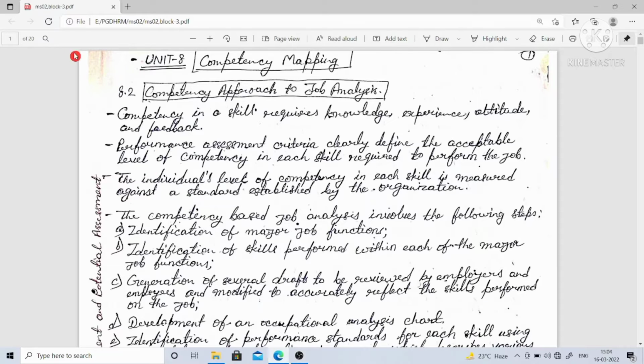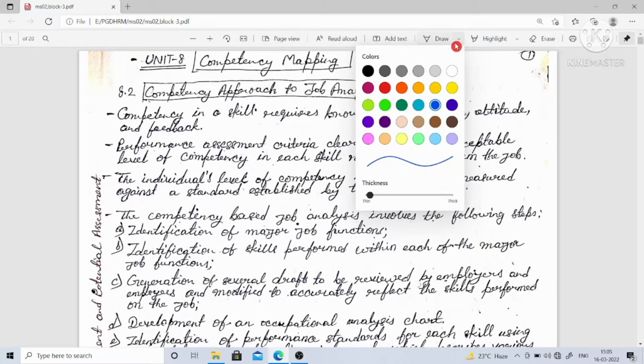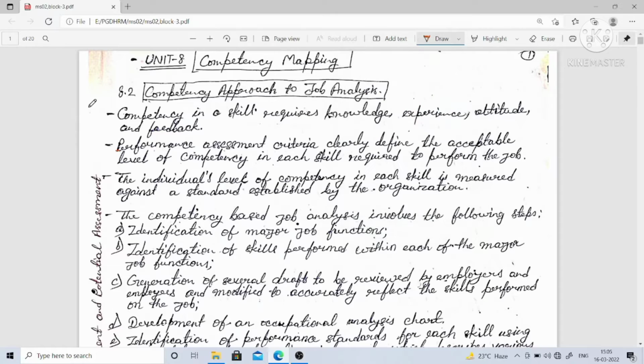So the first topic given here in this unit is the competency approach to job analysis. Here I will explain how the competency approach can be used to analyze the job. First, let's learn about competency.